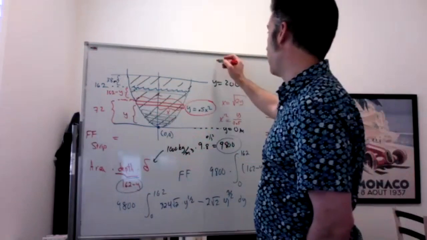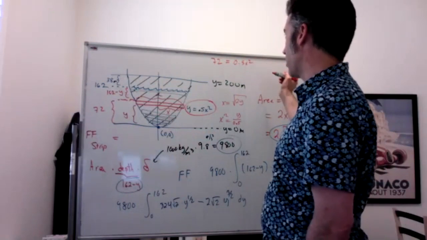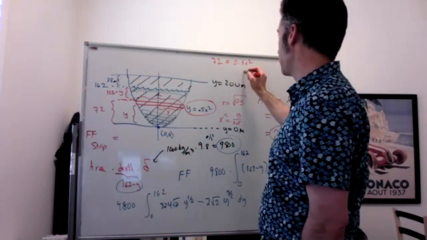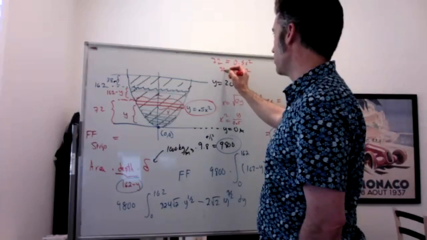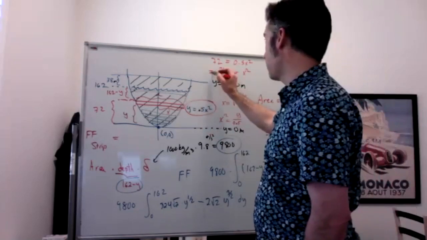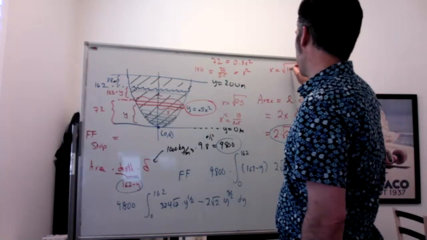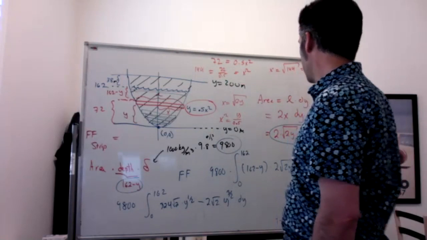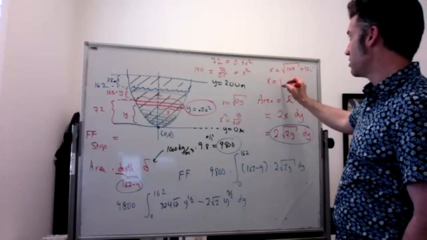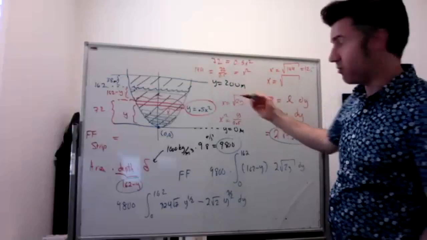If y is 72 and is equal to 0.5 x squared, then if I divide by 0.5, x squared is 72 divided by 0.5, which is times 2, that's 144. Then x is going to equal the square root of 144, which is 12. So that's how I'm getting x. I'm saying x is the square root of y divided by 0.5.